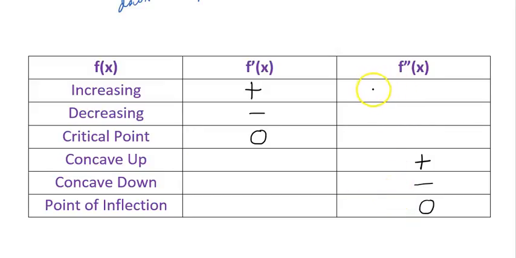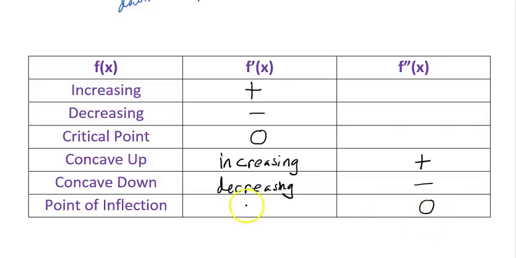Now, there's also a special relationship with these three and the derivative graph, because the second derivative is the derivative of the derivative. So if the second derivative is positive, that means that the first derivative was increasing, because they have that same relationship as the original and the derivative have. If the second derivative is negative, the first derivative is decreasing.